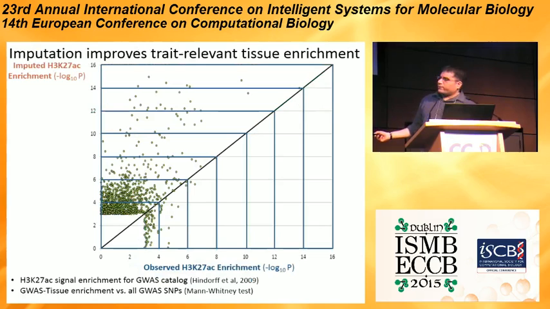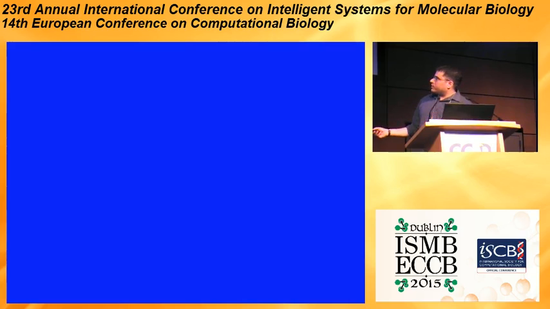Going back to the original motivation of the genome-wide association studies, we compared the enrichment of GWAS hits curated in the catalog for specific studies with the H3K27 signal enrichment, and did a Mann-Whitney test comparing those SNPs curated for a specific study to the signal distribution in the catalog in general.